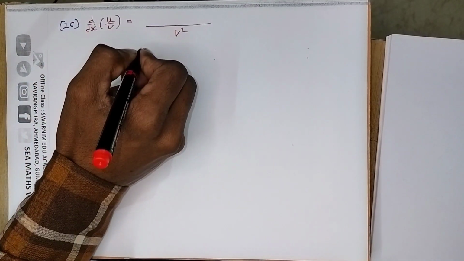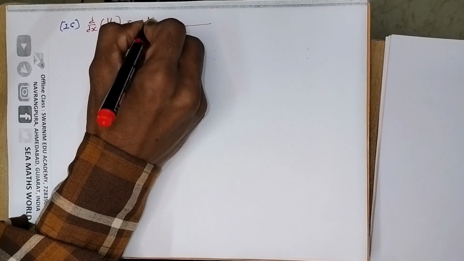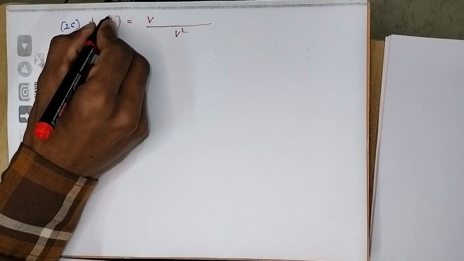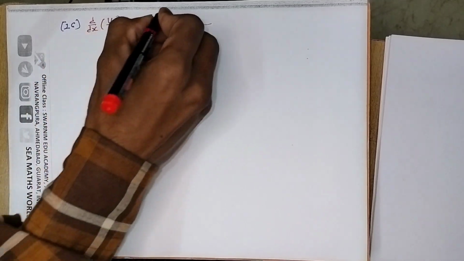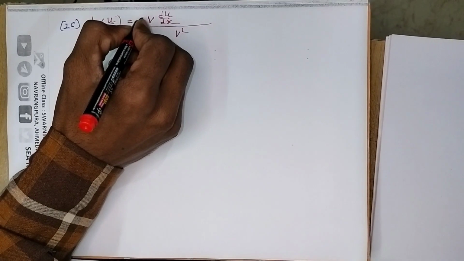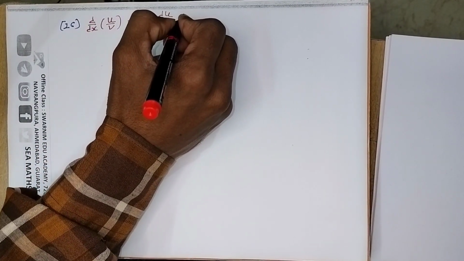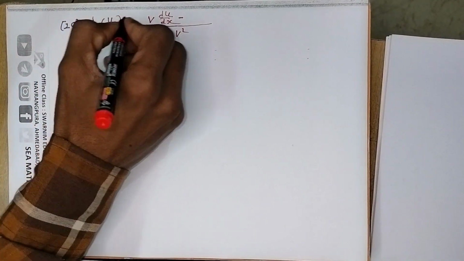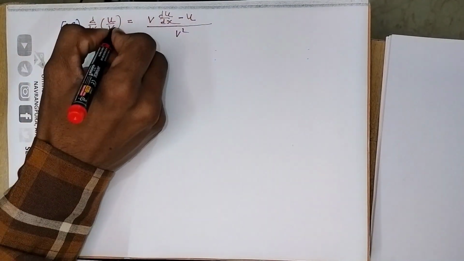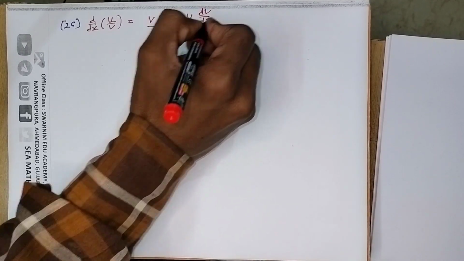Then put the same term into numerator. Then differentiate the numerator term. Here it is u, so du upon dx. U is differentiated. Now in between two terms there is minus. Then put u as it is and differentiate the division term. Division term is v with respect to x.